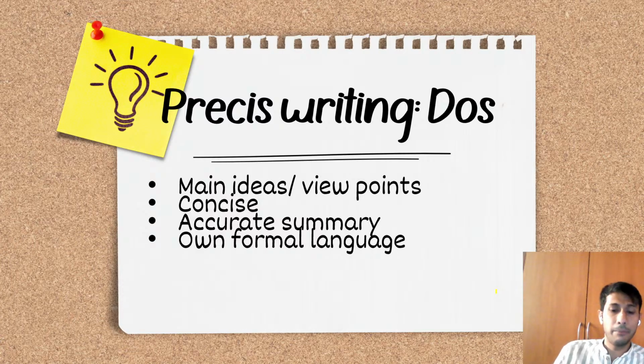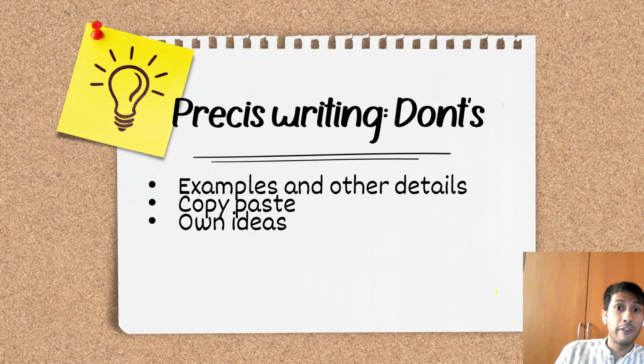There are some do's and don'ts, after which I will take your doubts. The do's: while writing the Precis, you have to write the main ideas and viewpoints. Ensure that you write concisely. Ensure that you give an accurate summary using your own formal language. Do not over-elaborate, because the word limit is one-third, or the word limit that is mentioned. The don'ts are very simple.